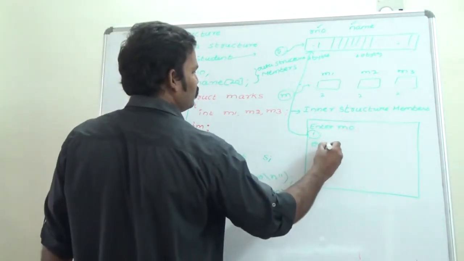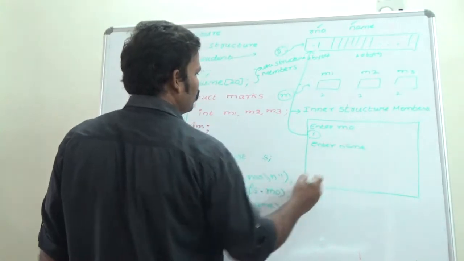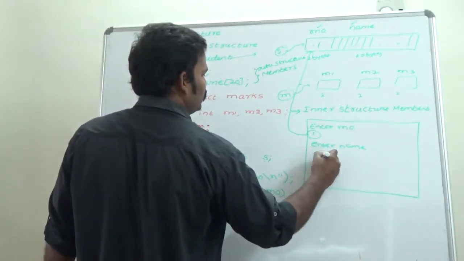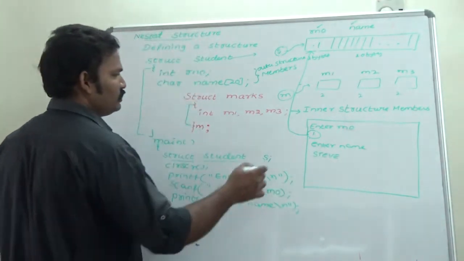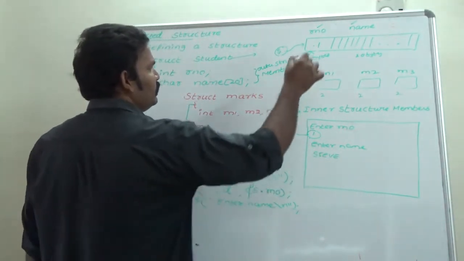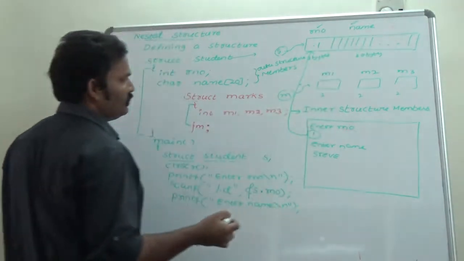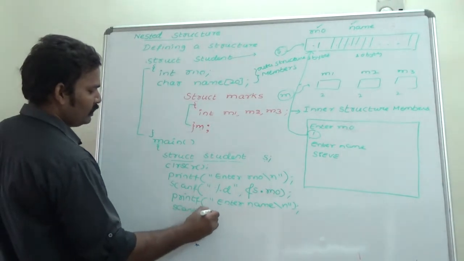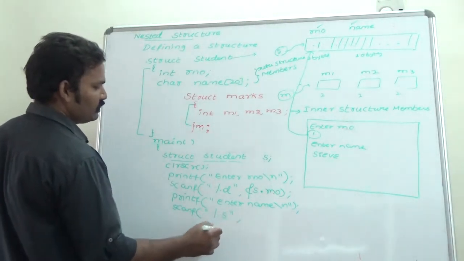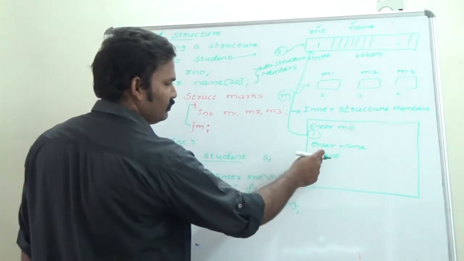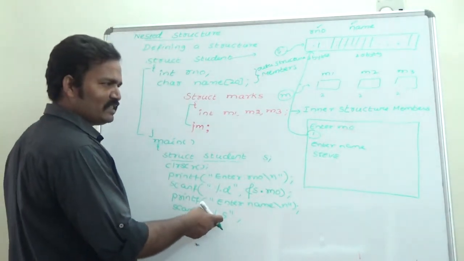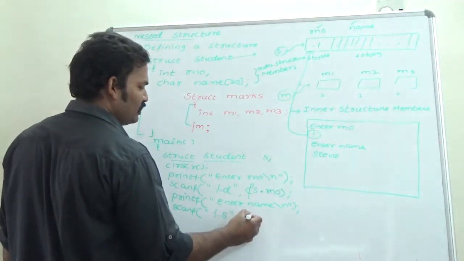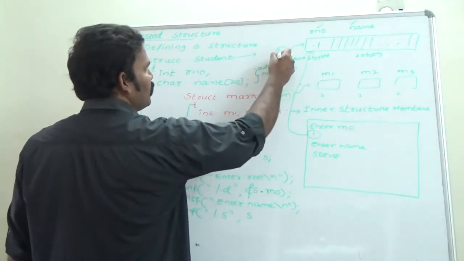Right. So the same message will appear on the screen. Suppose the name is Steve. We have to store the second element into these blocks. scanf("%s", s...) — %s is the format specifier to read a string. The reference variable is the object name.